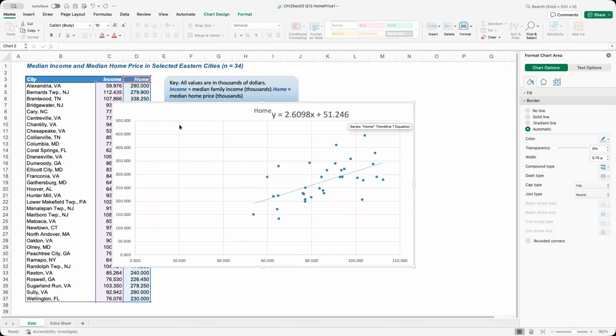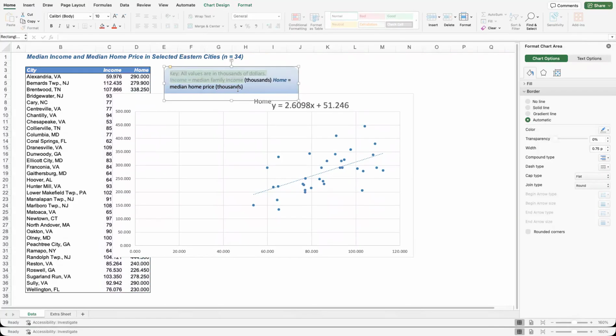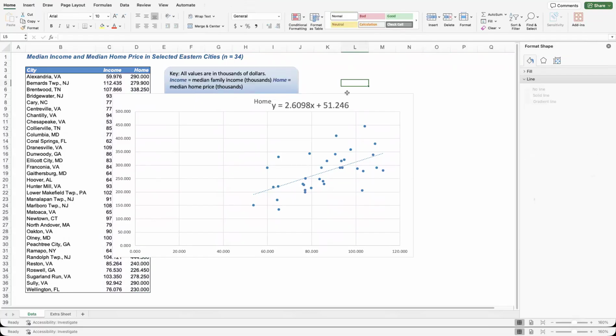Both sets of numbers are in thousands. So if the median income is $40,000, I'm only going to enter 40. I have to make the units match. And that's this sentence right up here, that everything is in thousands of dollars already.